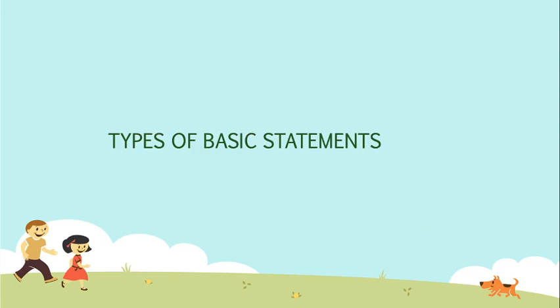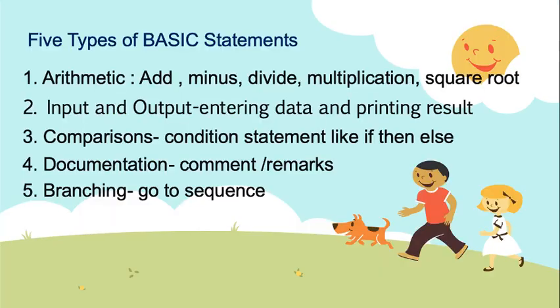What are the types of basic statement? There are 5 basic statements. Firstly, it's about the arithmetic. It's adding, subtraction, division, multiplication, square root. Second, basic input and output. It's by entering data and displaying the result.